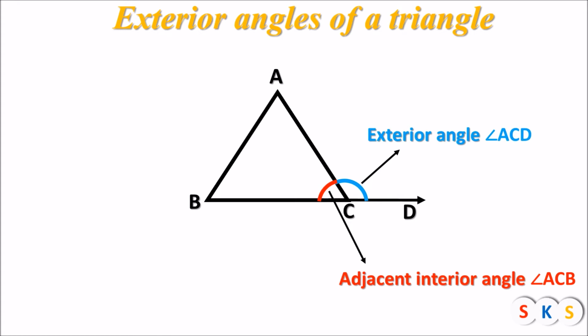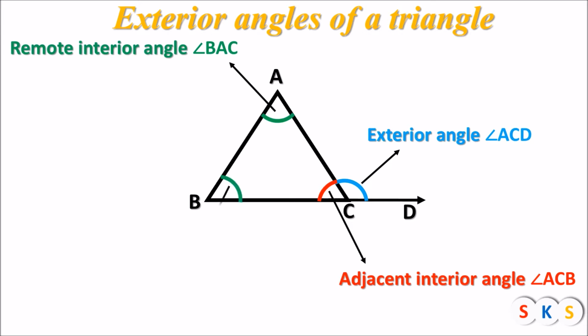Now the remaining two angles, angle A and angle B, are called remote interior angles for exterior angle ACD. This angle BAC is a remote interior angle, and here angle ABC is a remote interior angle. So in this figure, with respect to exterior angle ACD, angle A and angle B are remote interior angles of this triangle.